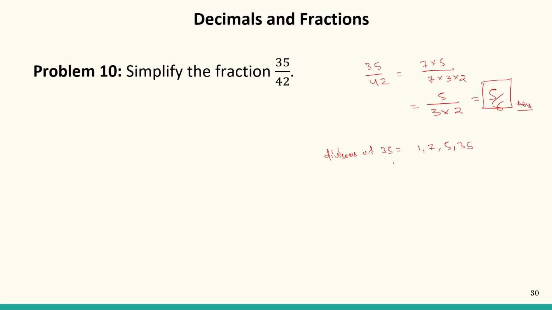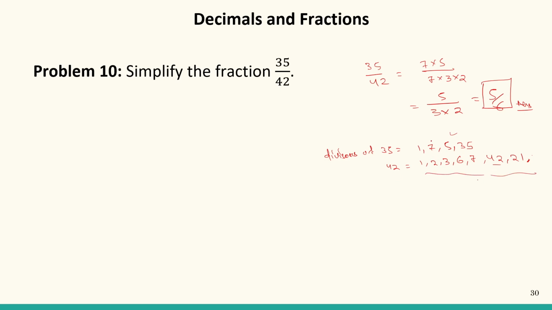Okay, and divisors of 42 are 1, 2, 3, 6, okay, 7, and 21 and 42. Yeah, I have written it. Okay, so these are the divisors of 35, and these are the divisors of 42.